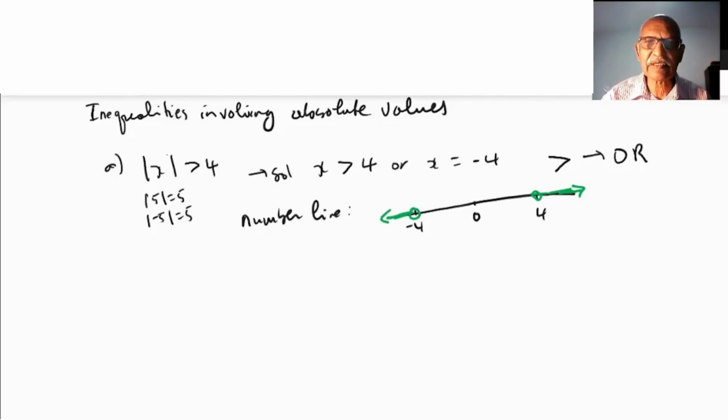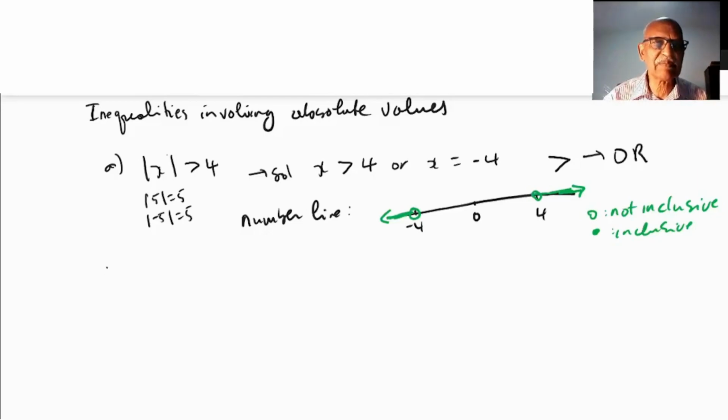This is my solution. This means not inclusive. If I have this, it's inclusive. So in this case, it's greater than 4, but not including 4, and less than minus 4, not including minus 4.